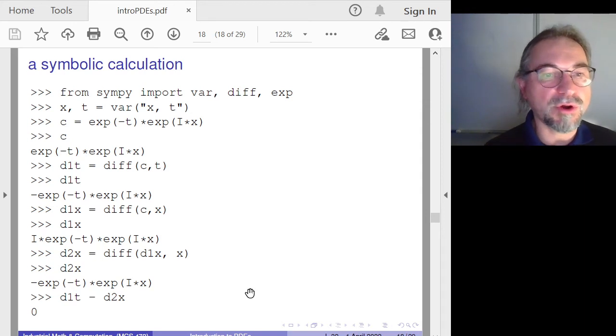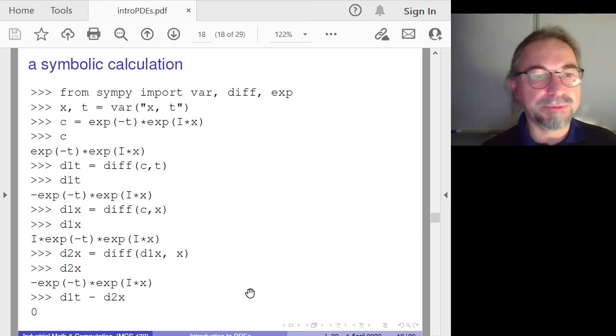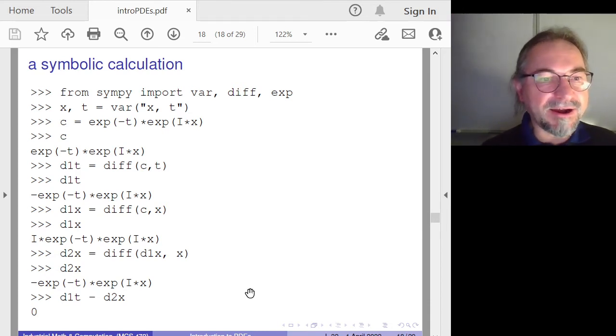What could go wrong is that you forget the chain rule. If you take the derivative with respect to t of the decaying exponential, a negative sign pops in. Why the I? Well, if you take the derivative twice, the I becomes also -1.